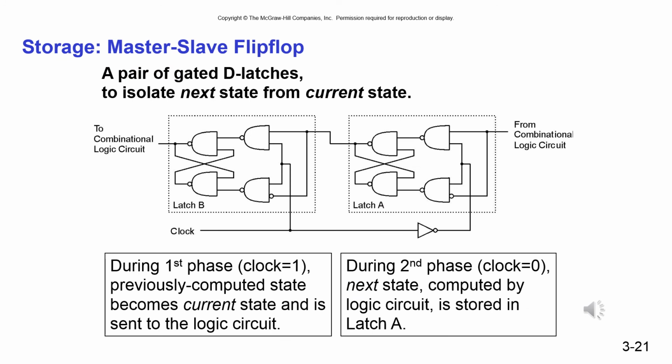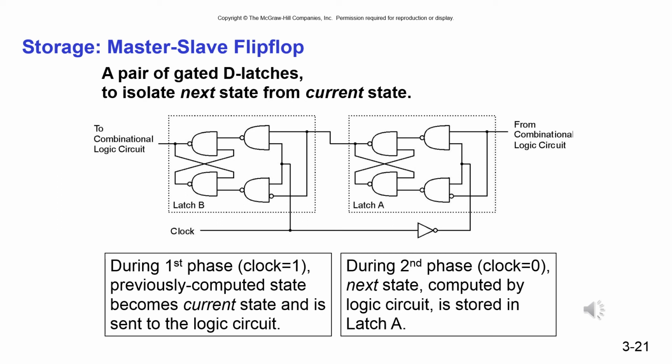Let's take a look at a master-slave flip-flop, which is a pair of gated D-latches that isolate the next state from the current state. Now notice there's a lot going on in this slide, so stay with me. So we have input coming from a combinational logic circuit. And this is just for one bit from the combinational logic circuit on the right.